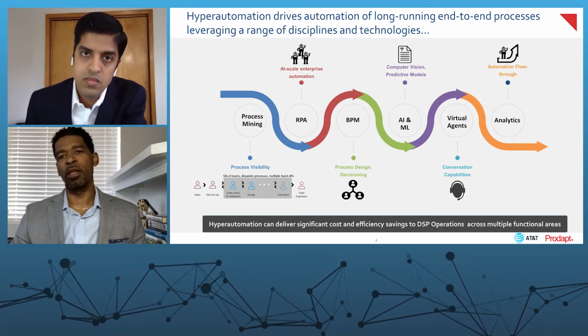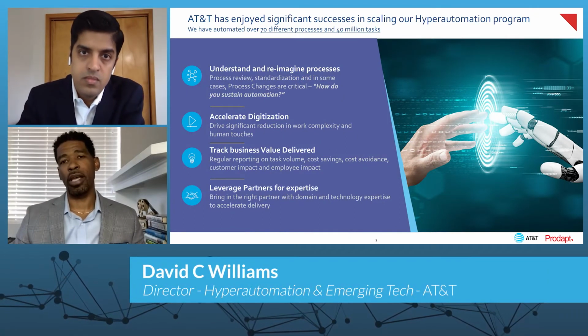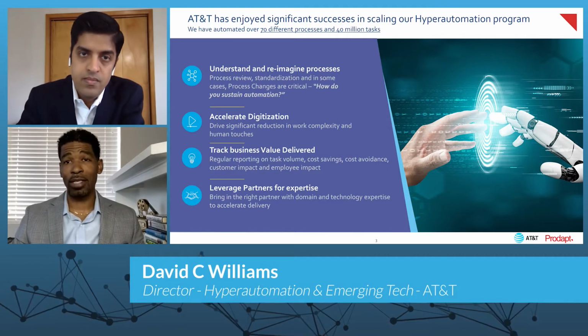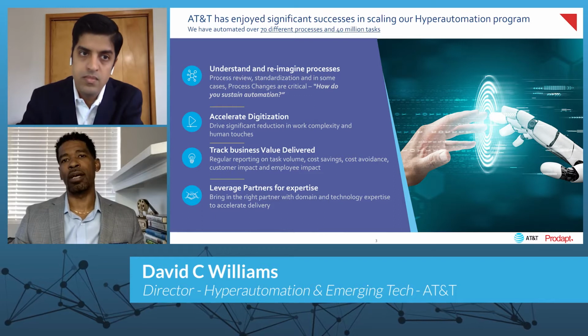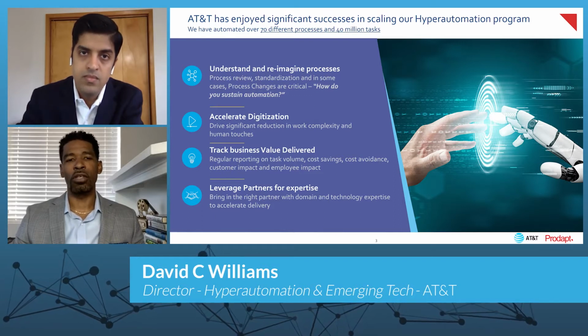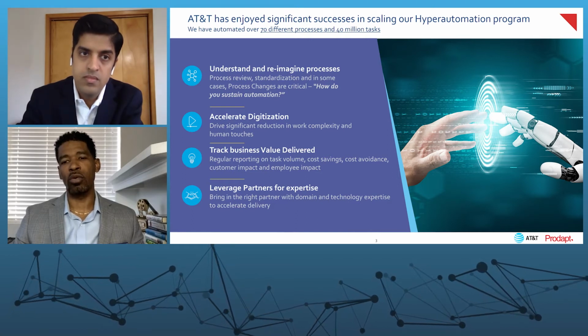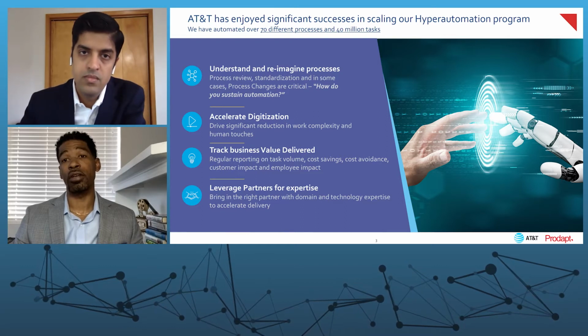Sure. So it's been a wonderful relationship working with Prodapt over the past few years, starting off with the bot team and evolving into a hyperautomation team. Today, we have over 70 different processes, and we will cross 40 million completed automated transactions this year.